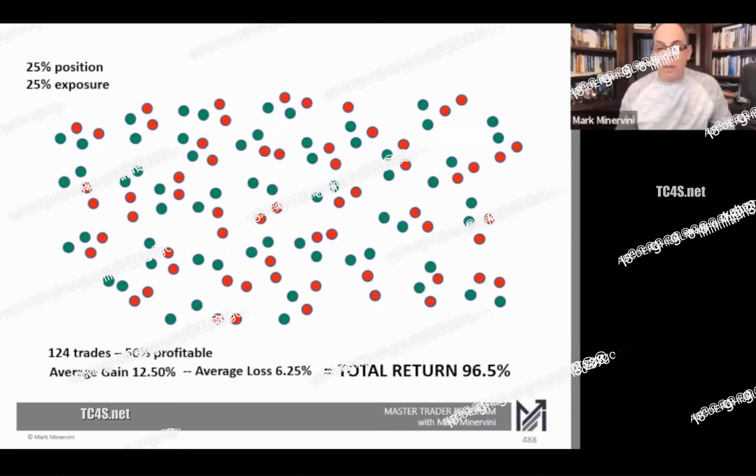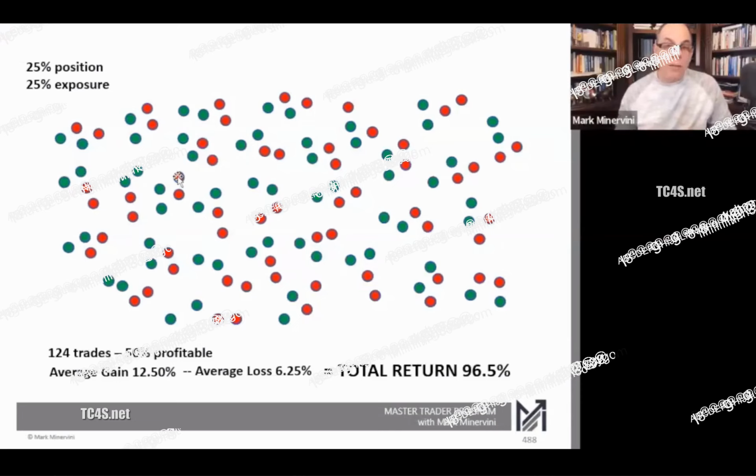So now what we're going to do is calculate a return based on this scatter plot, if you will, and base it on a 25% position size in each of these trades and 25% exposure, never more than 25% exposure. So how this would be in the real world is if you had $100,000, you took $25,000 of your money, you bought a stock, right?